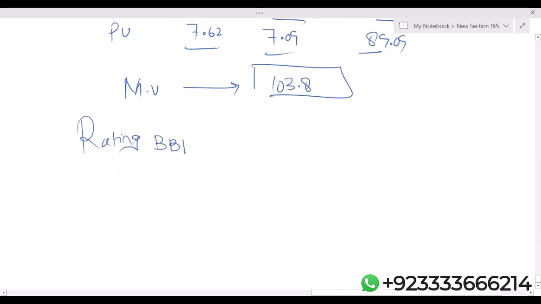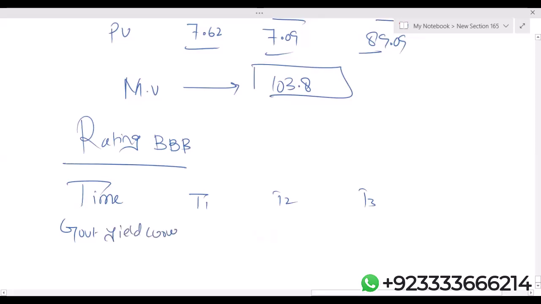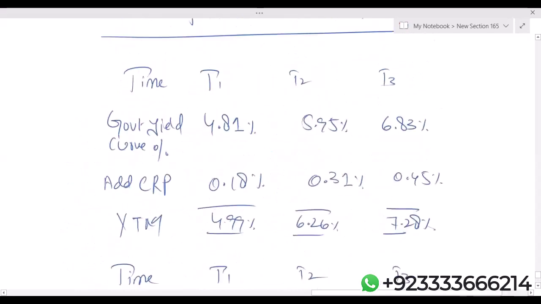Rating triple B. Again, we have to calculate YTM. Government yield curve percentages: 4.81% we have calculated, 5.95 we have calculated, and 6.83.